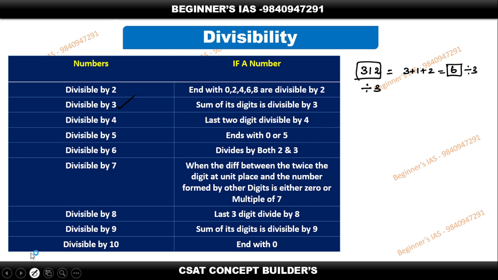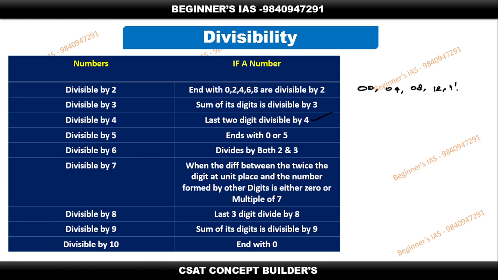After this, let us see divisibility by 4. If the last two digits are divisible by 4, then the given number is divisible by 4. For example, 00, then 04, 08, then 12, 16 like that. Take 400: yes, divisible, by the last two digits. If it is 00, surely that number is divisible by 4.